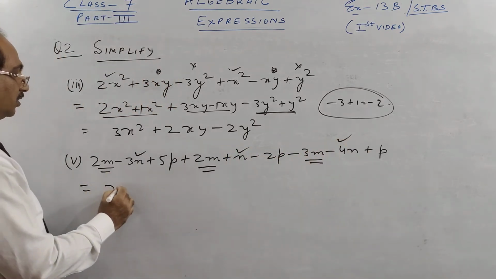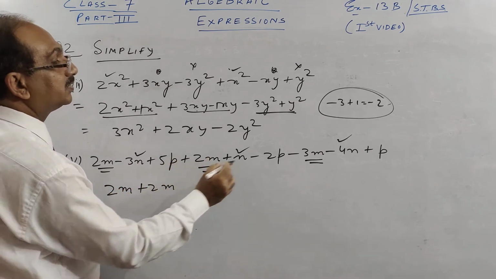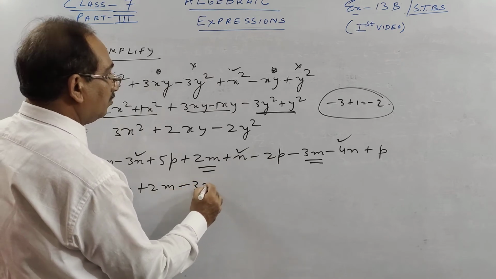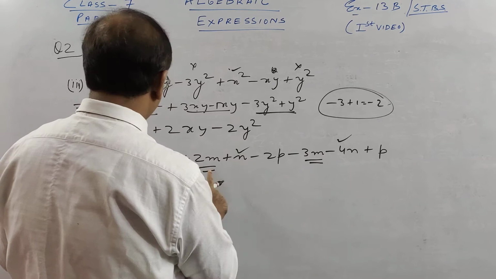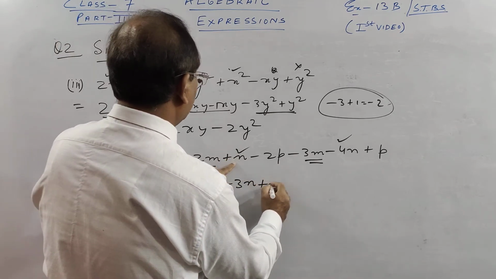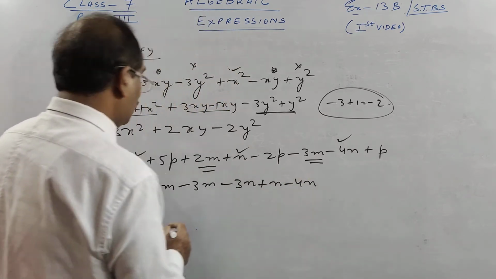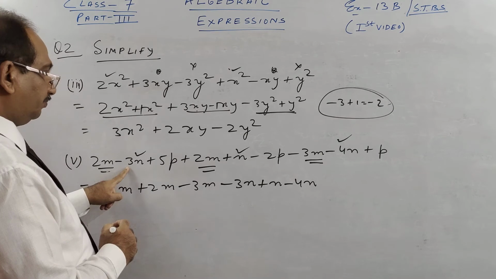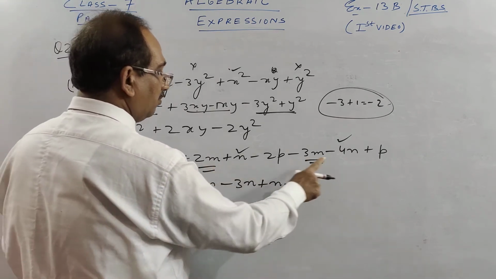So m, what we have, children? 2m plus 2m minus 3m. Okay. Then n minus 3n plus n minus 4n. All my n done. Minus 3n plus n minus 4n.